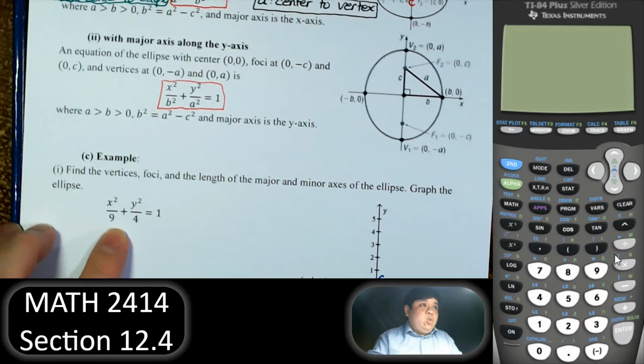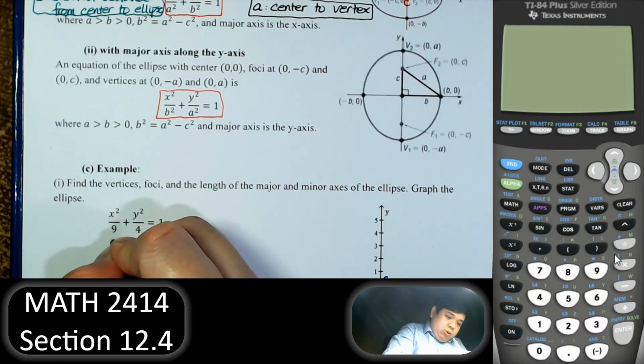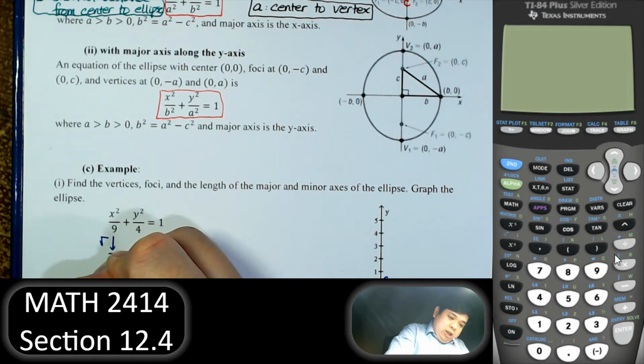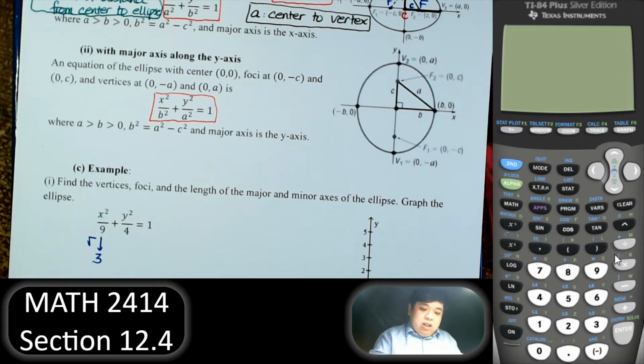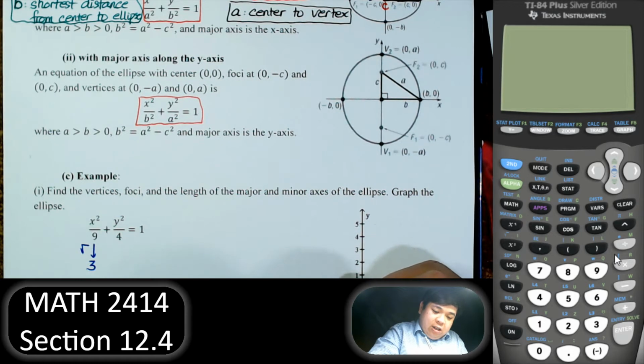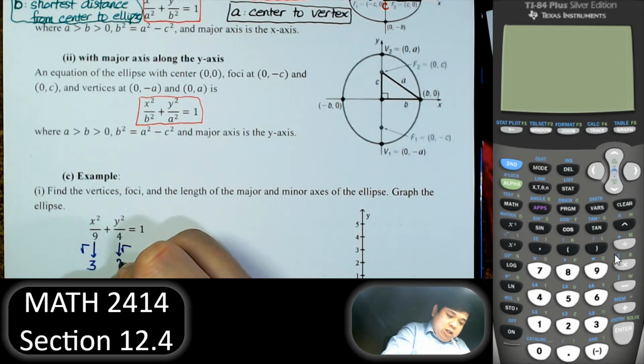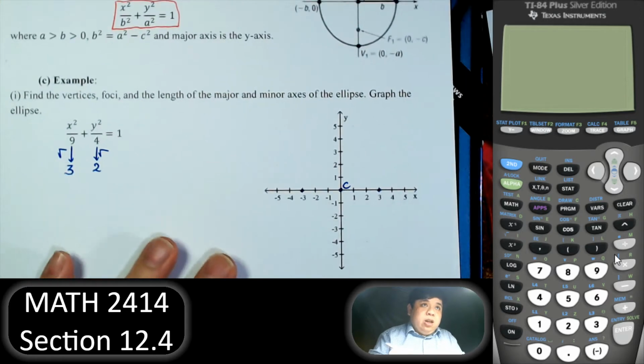We have x squared over 9, so we take the square root of this and have 3. That is the horizontal distance, 3 to the left and 3 to the right. Then we take the square root of 4, which is 2, and that is the vertical distance, 2 up, 2 down.